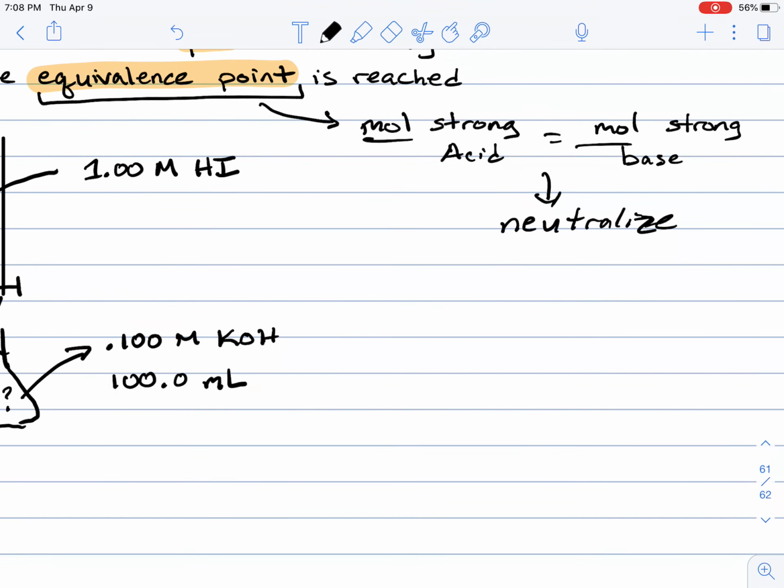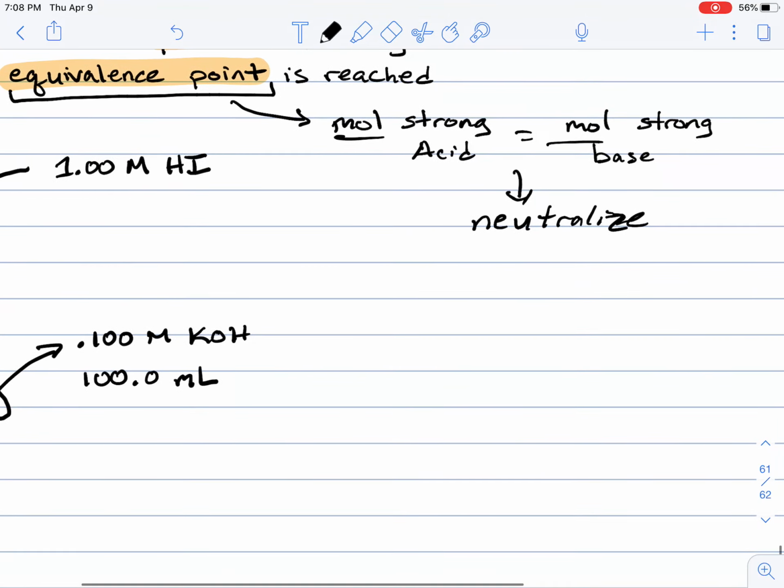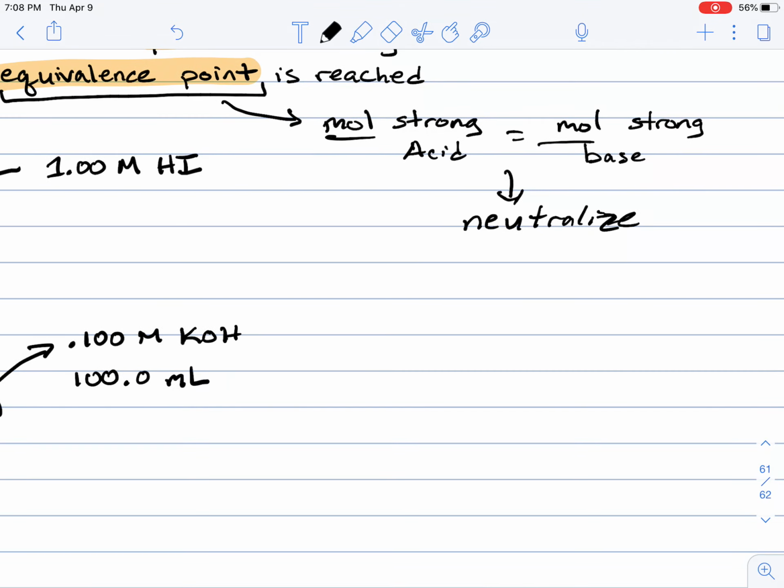Right, so just like think of video games or whatnot. If one thing is canceling out the other, then you have nothing left. And so it's neutralized. And so what is the pH when everything is neutralized? So if you said 7, then you're correct.